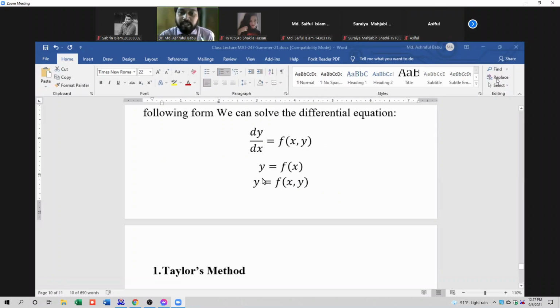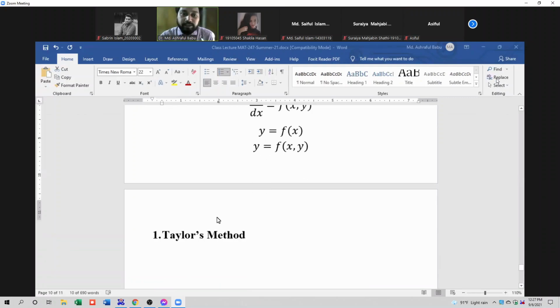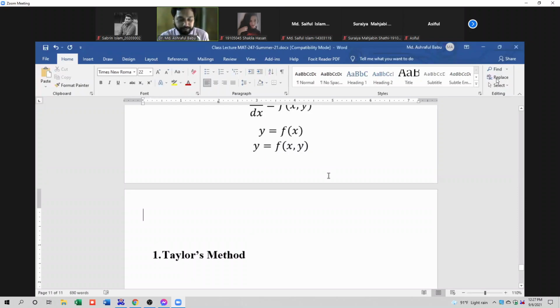I talk about explicit and implicit function. So I just give you an example so you can understand what is explicit and implicit function.